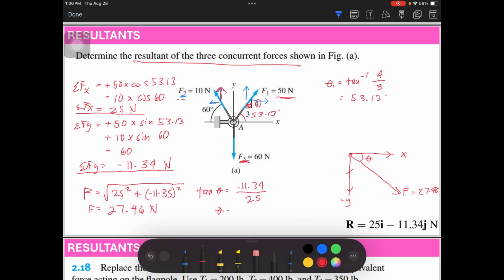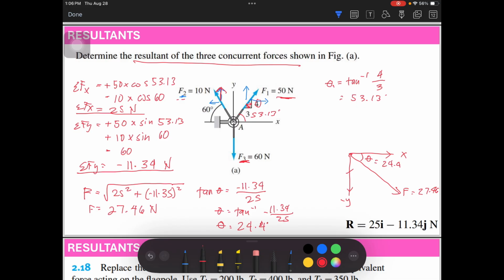So, our tangent is arctangent negative 11.34 over 25. Your tangent is equal to 24 degrees... 0.4 degrees. Ito yung theta mo niyan.